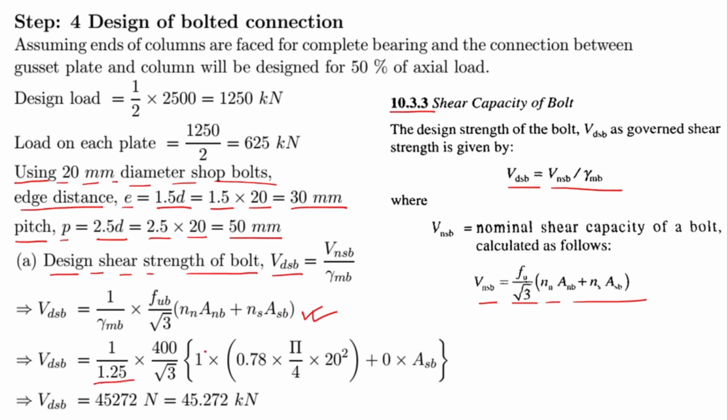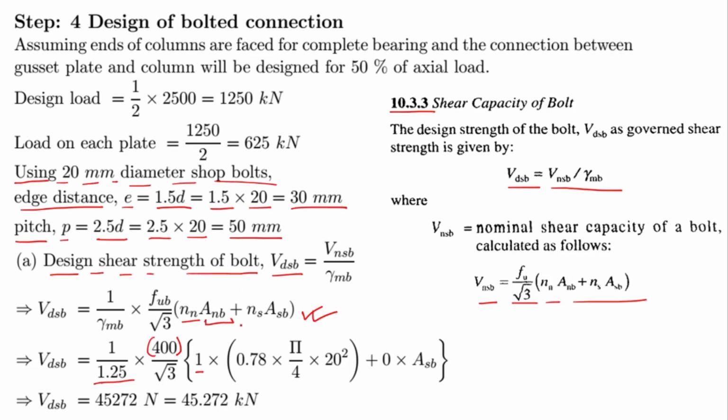5 of IS 800. f_ub is the ultimate strength of the bolt, which is 400 Newton per mm square. Then, as this is a case of single shear, n_n is equal to 1, meaning the number of shear planes at the threaded portion is 1.